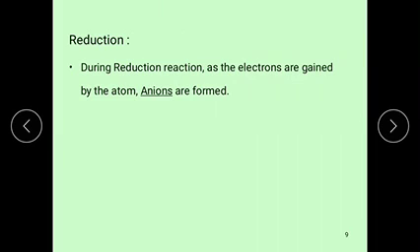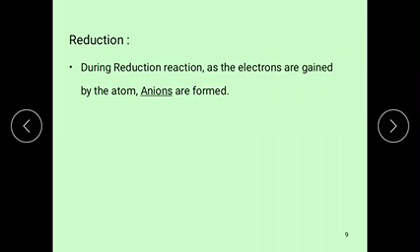Just now we discussed the reduction reaction. The process of gaining of electrons to an atom, or ion, or molecule is called as reduction.